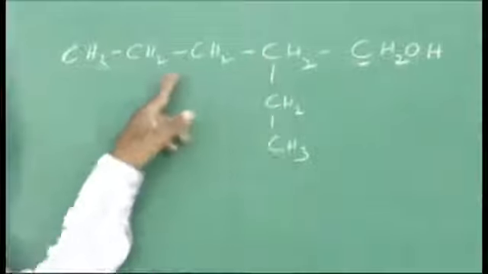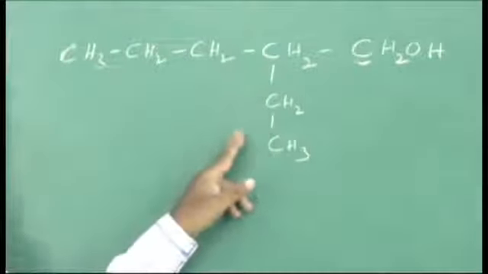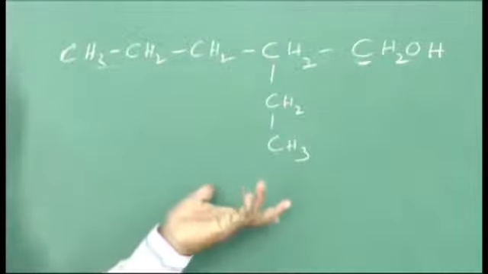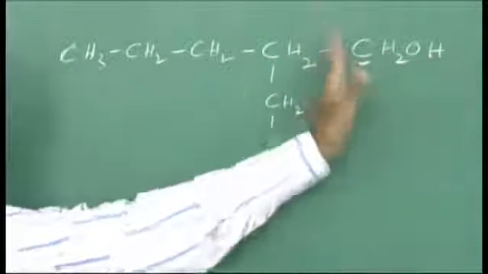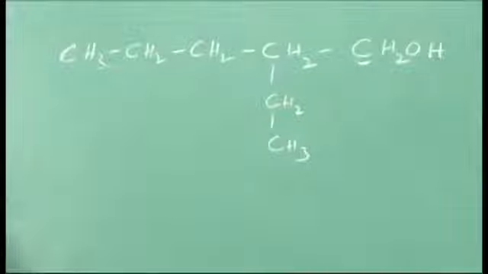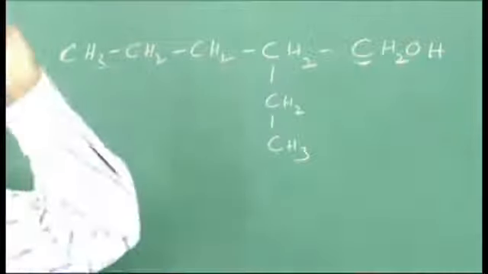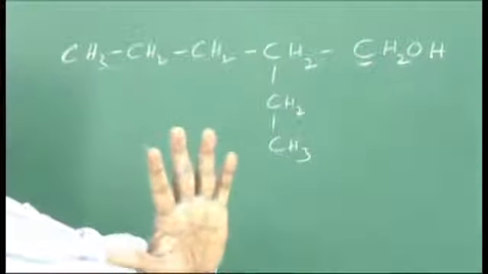But if you consider this as the main chain, as we did in the earlier case, this functional group is not included in the main chain. So the important rule you have to remember is: while selecting a main chain, if any functional group is there, that functional group must be in the main chain even though it contains fewer carbon atoms.